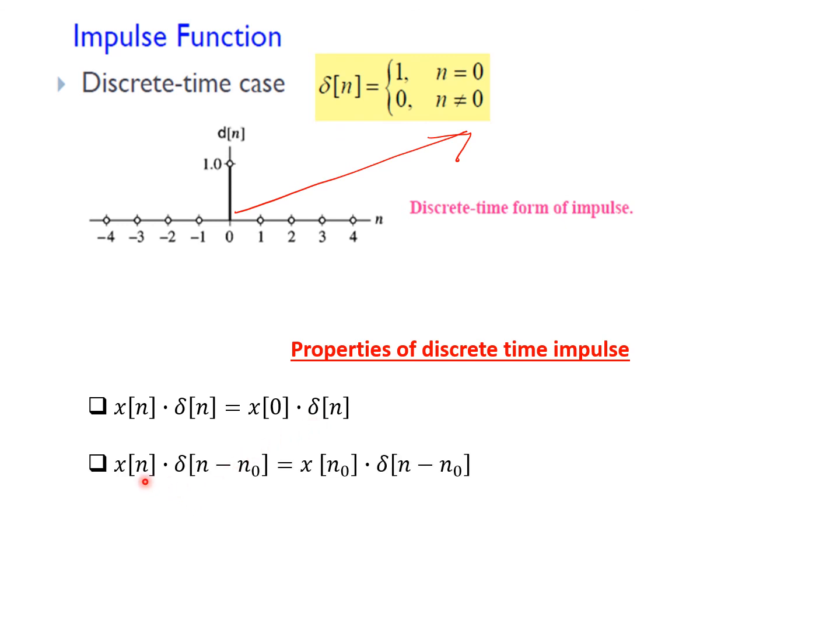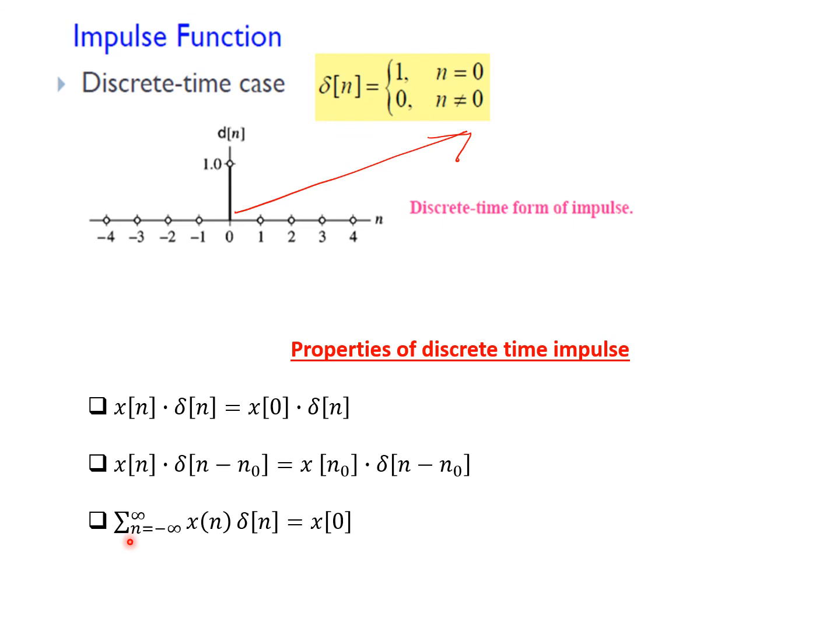If I multiply a signal x of n with a shifted impulse, it is x at n naught into delta n minus n naught. If I add up all the values, instead of integration, because in a discrete system I have to use summation. I used integration for a continuous time system and signal. For discrete time signals and systems I have to use summation. Integration and summation are counterparts in different domains.